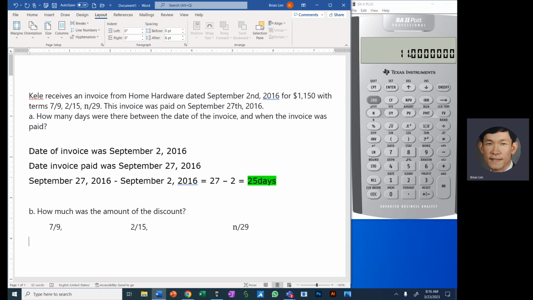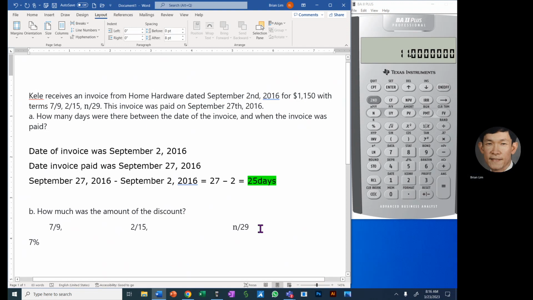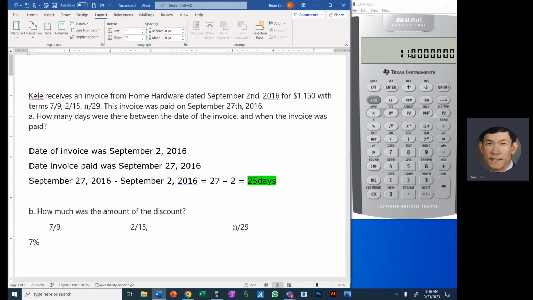And so we know by now that 7 means 7% discount, right? And then the next number means 9 days. Then we go over here and we get 2%, well, 15 days. And then this would be net 29 days, right?